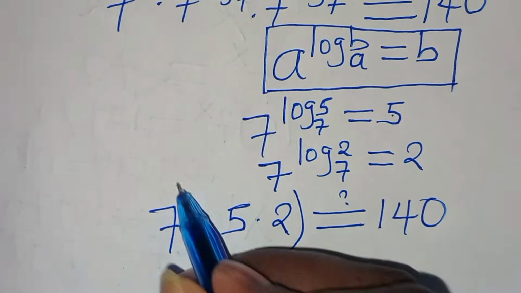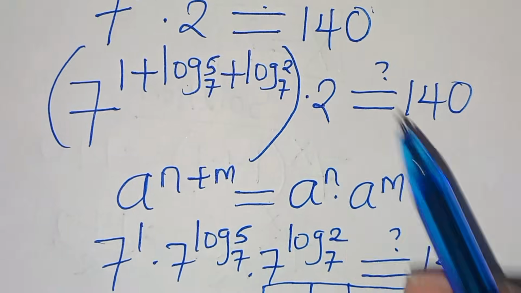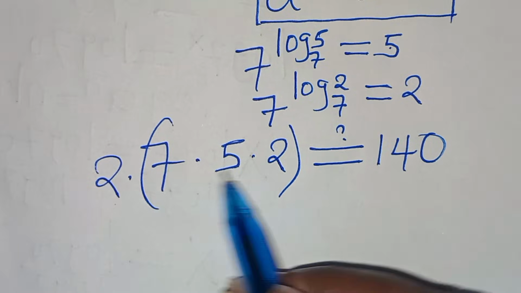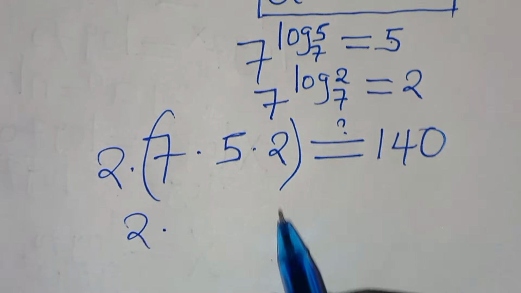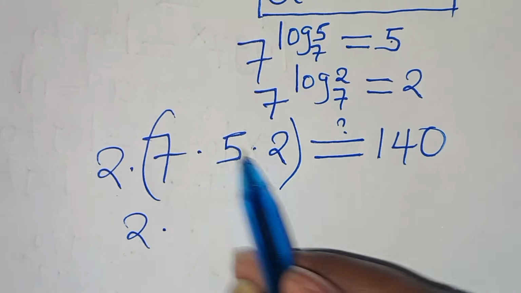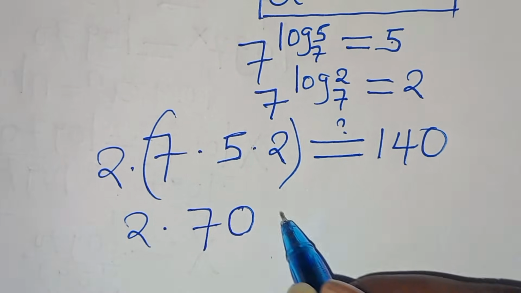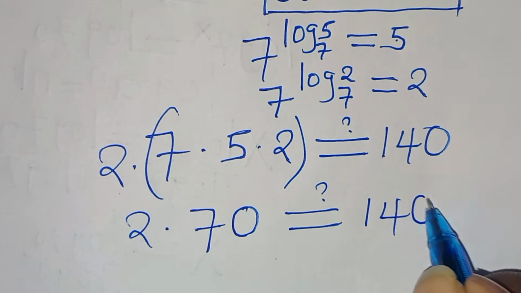Remember, this is also multiplied by 2 here. So we have 2 times 7 times 5, then times 2. So this is 2 multiplied by 7 times 5, this is 35, times 2, this is equal to 70. This is supposed to give us a value of 140.